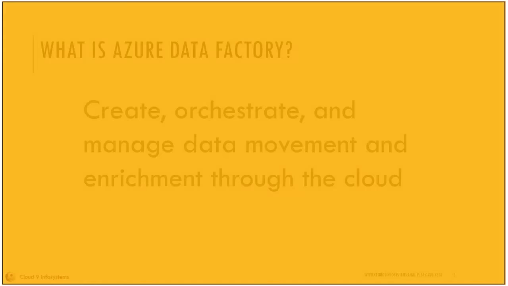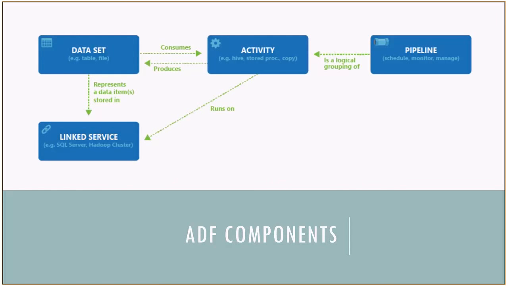Then we have the different kinds of Azure Data Factory components. There are basically 4 kinds of components in Azure Data Factory. The first one is data sets. Through data sets, you create different data sets for, let's say, copying data from an on-prem SQL Server database table to a table in Azure SQL Database.